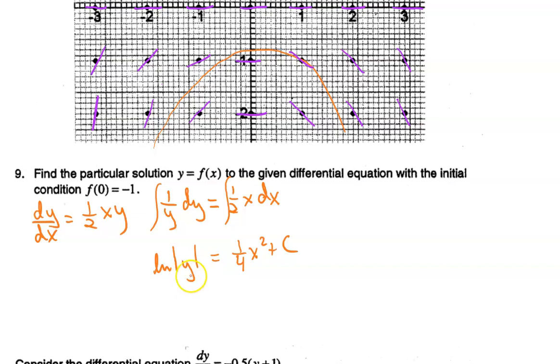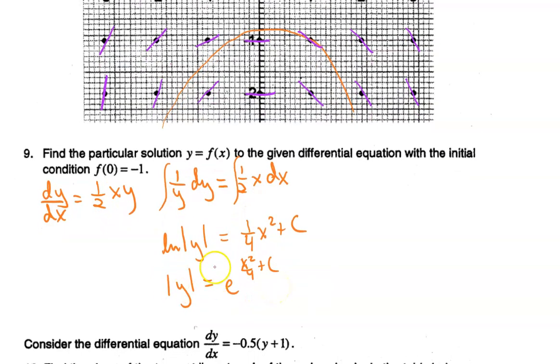So I could solve for y first, which is going to mean absolute value of y is equal to e to the x squared over 4, I'm going to condense that, plus c. Okay, and then to take the absolute value bars off there, I need a plus or minus. So y equals plus or minus e to the x squared over 4 plus c, and then I can plug 0, -1 into this equation.